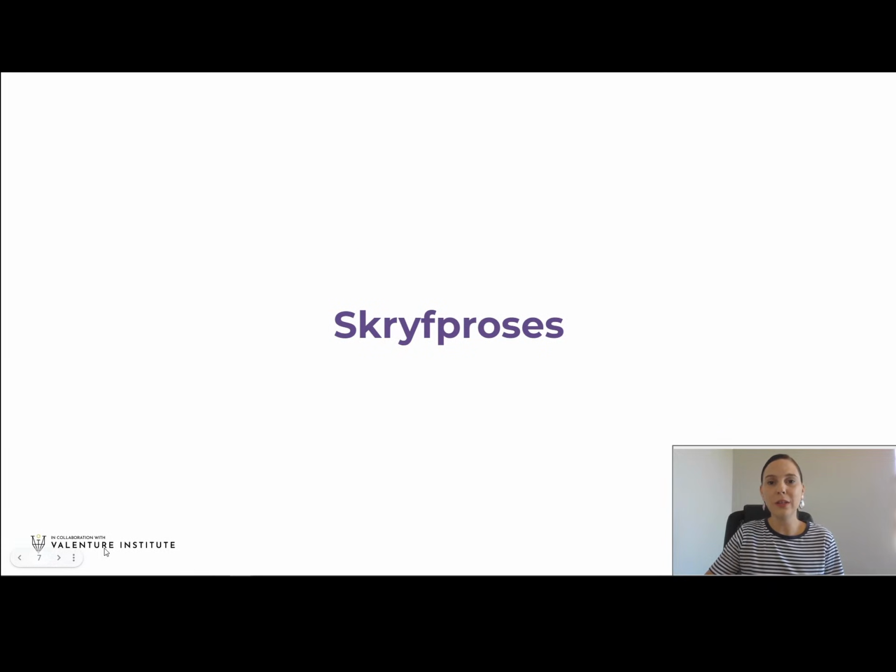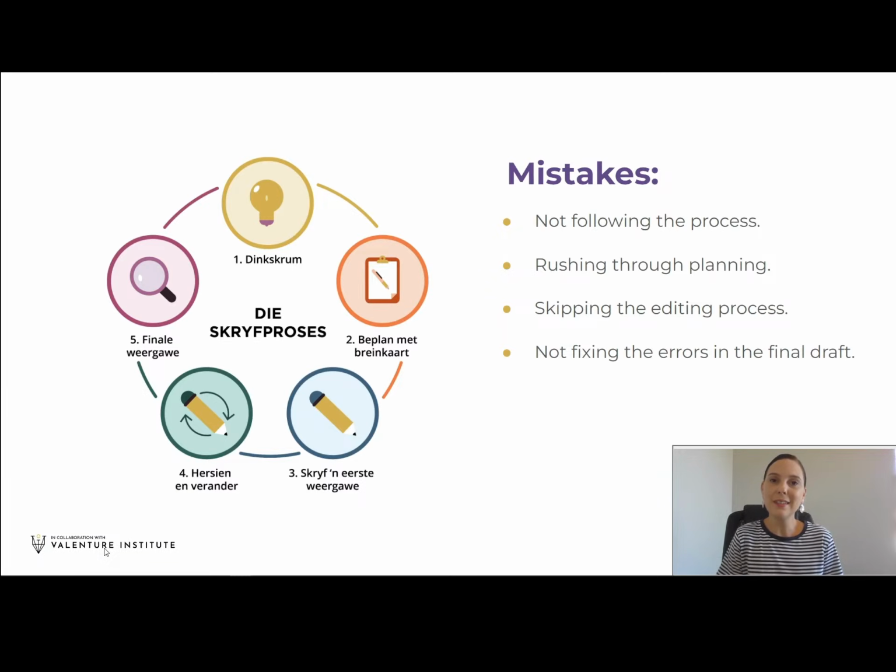The next concept that we'll look at is die skryfproses. So the mistakes that are often made during the writing process is that you're not following the process, right? So the process goes as follows. You have your dinkskrif, meaning your brainstorming. Second, die beplan met 'n breinkaart.